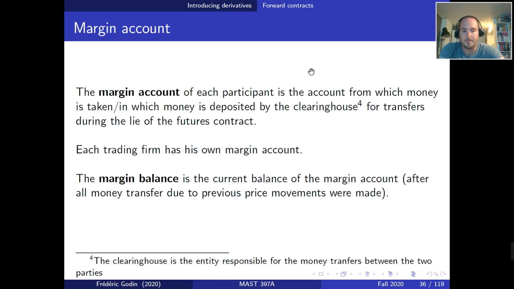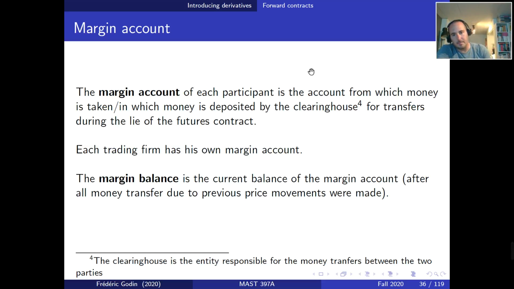The clearing house acts as a counterparty to institutions who want to enter futures contracts, and it is responsible for processing the exchange of cash flows that are made daily between the two parties. So cash flows occurring due to futures contracts are processed by that clearinghouse.